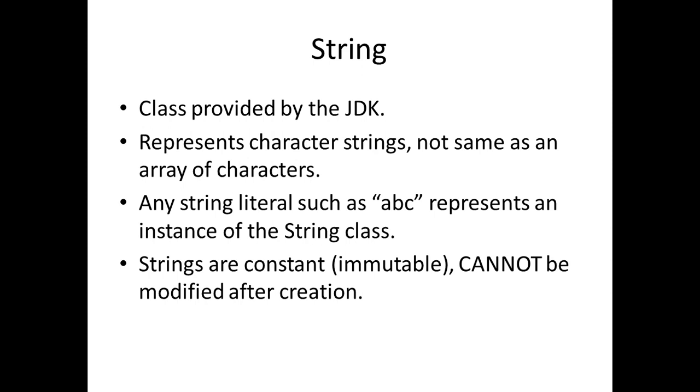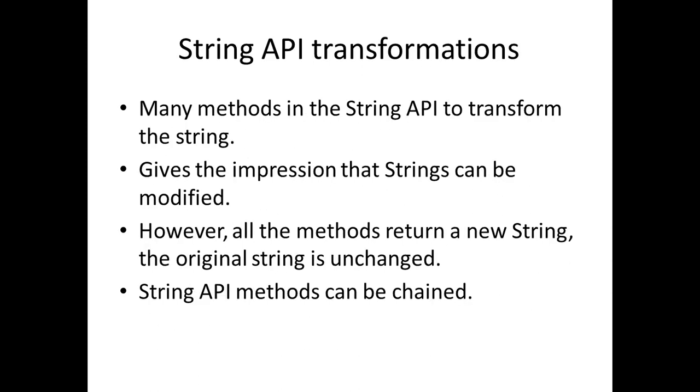String literals are always enclosed between double quotes. And strings are constant, or immutable, so they cannot be modified after creation. The String class provides many methods to transform a string. These methods give the impression that strings can be modified.